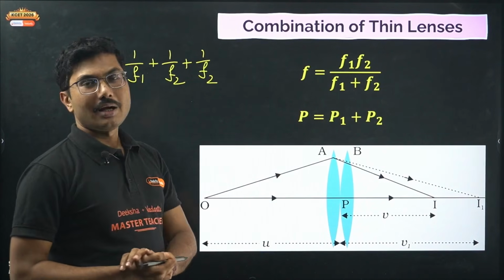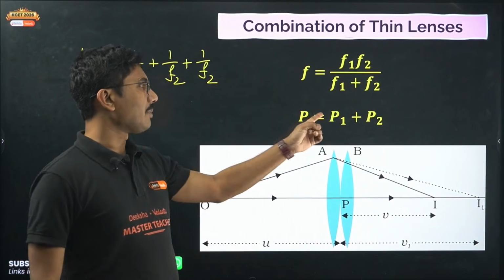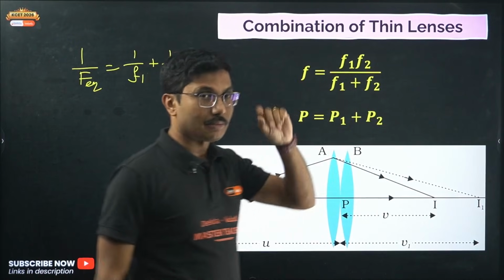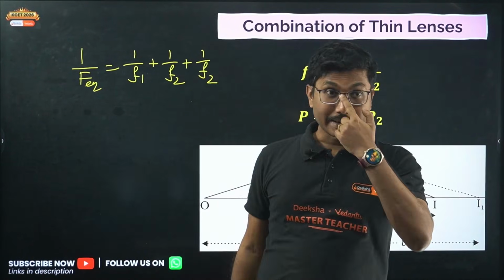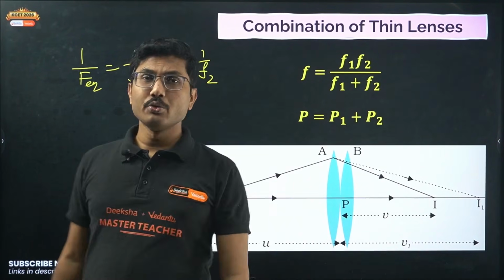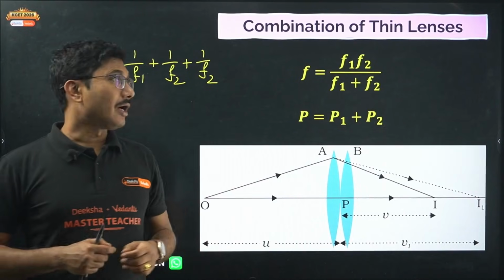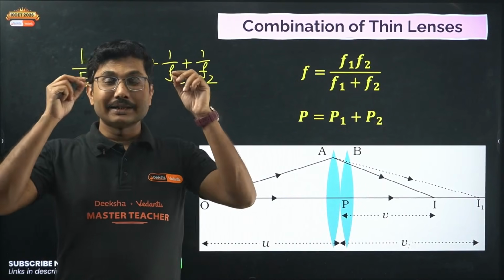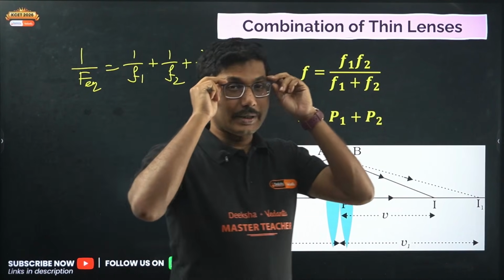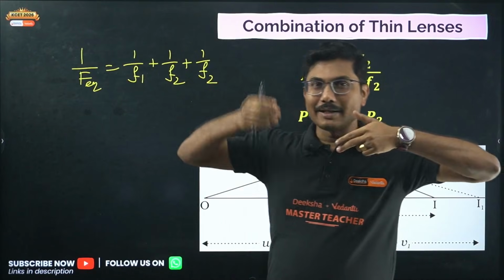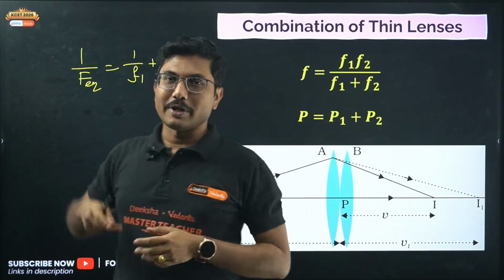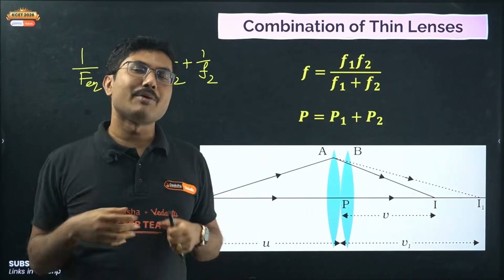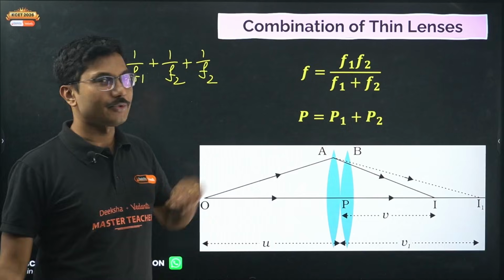Similarly, the power of a combined lens is given by P1 plus P2. So if you are someone who wears spectacles like me, then you have visited a doctor and they give you a special spectacle to wear and then they put up powers. Okay, so 1 power, 2 power, 3 power. Now how does it work? They work on this principle.